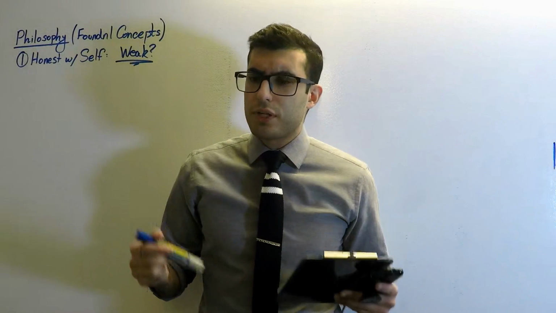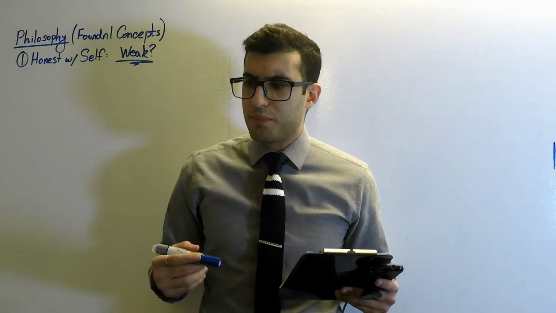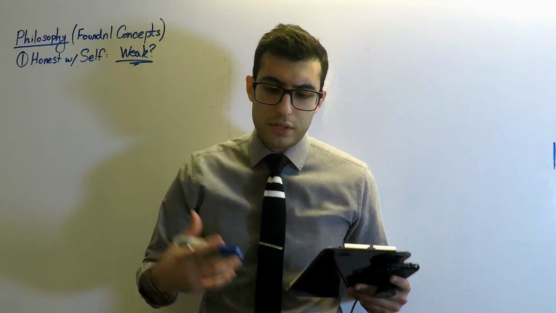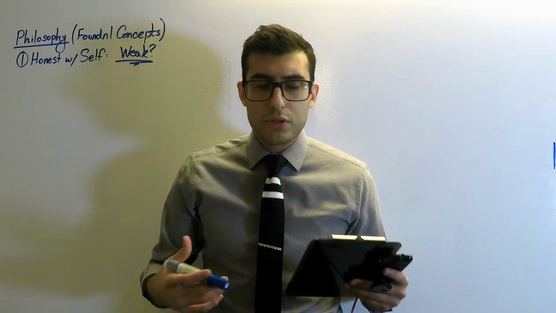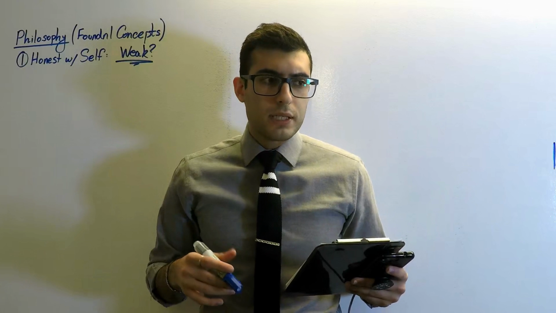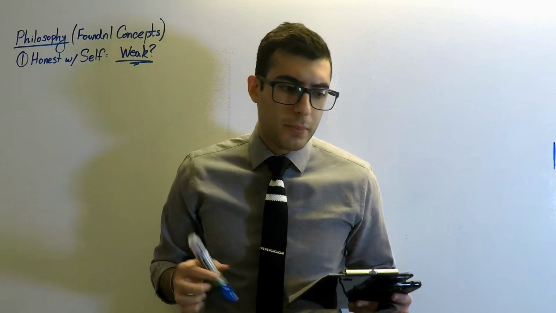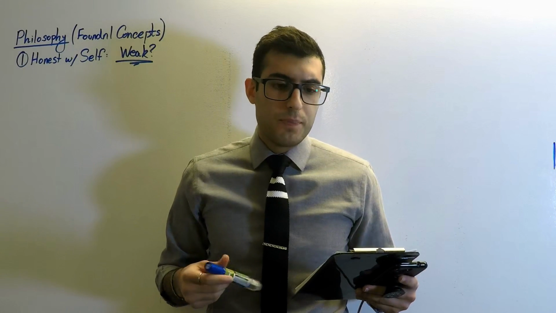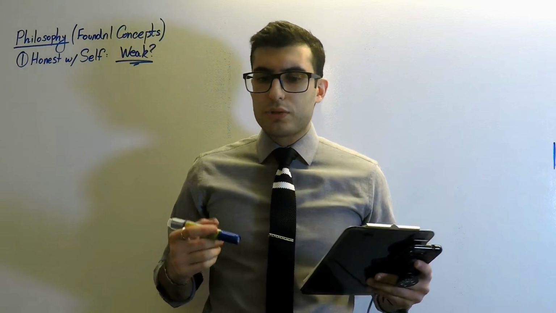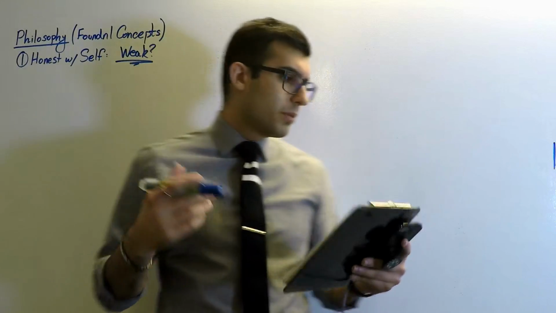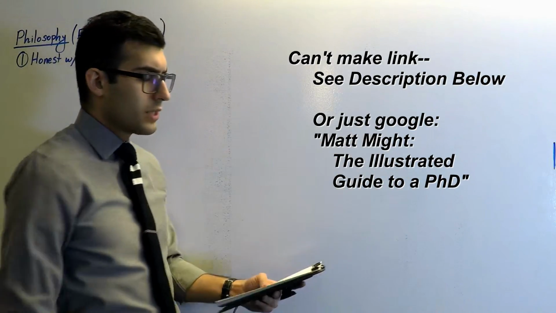Another one of the foundational concepts I'll use is a conceptual model for understanding the things that you're learning and how you should learn. I think Dr. Matt Might produced it and put it on the internet, and I saw it many years ago and it really stuck with me. I'm going to put a link here to that page.